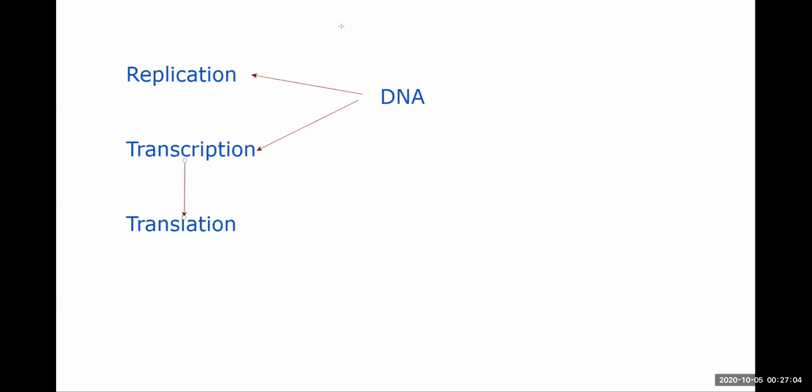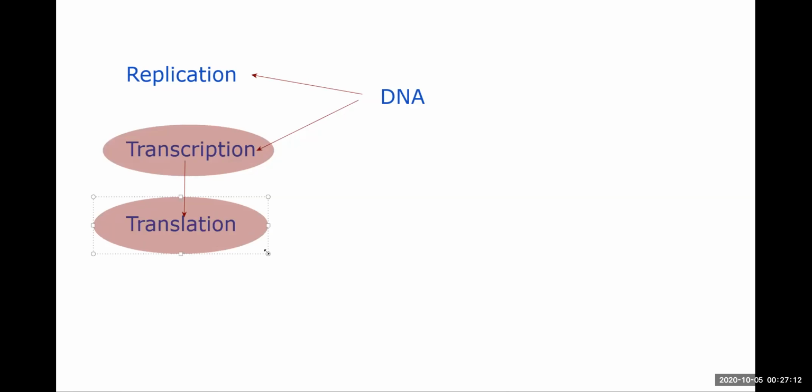So in this chapter, we'll first focus on transcription, and then we'll move to translation. This will be in two parts, so two recordings, number one on transcription and then second on translation.